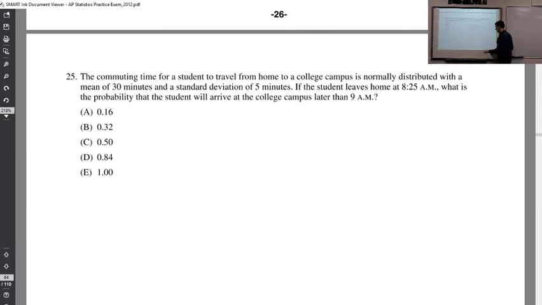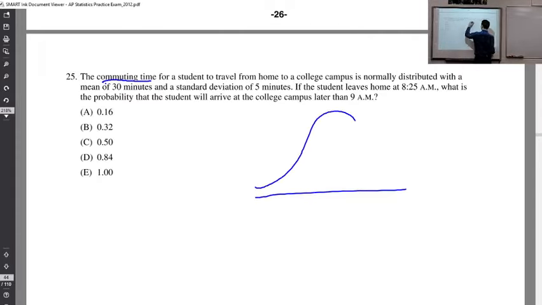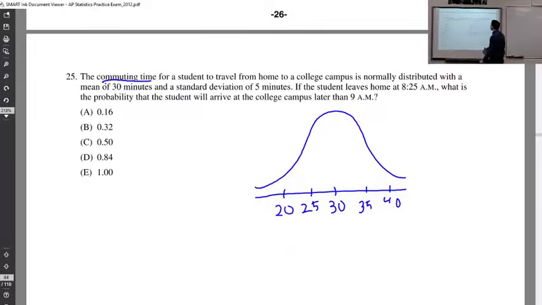25. The other way to ask this question, so this is the commute time. And this is really a normal CDF question, but I'll go ahead and draw the picture as well so that you can see that. This variable is the commute time, the amount of time it takes for you to get there.